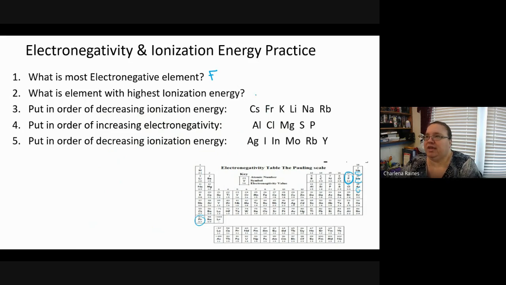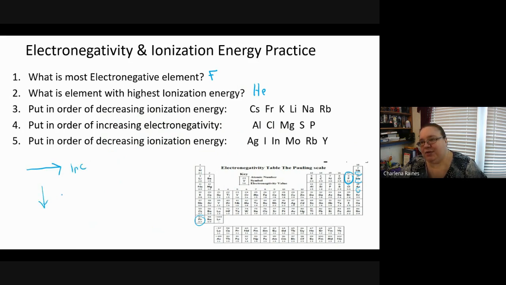Now, with the highest ionization energy, that is helium. Helium is the smallest element on the periodic table, therefore it is the hardest to remove an electron from. It's also already got its full outer energy level, so it really, really doesn't want to lose an electron. My general trend, because Ms. Rains skipped that step, for both electronegativity and ionization energy, as we go across, they both increase.